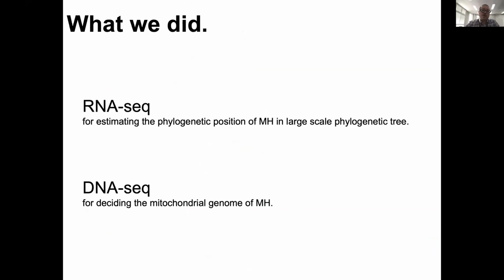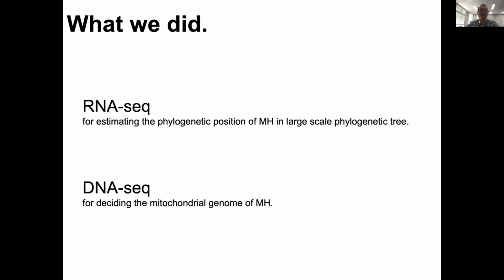In this study, we conducted RNA-seq and DNA-seq analysis. Based on RNA-seq data, we did the phylogenetic analysis to know where MH goes. And we also conducted DNA-seq to determine the mitochondrial genome sequence of MH.